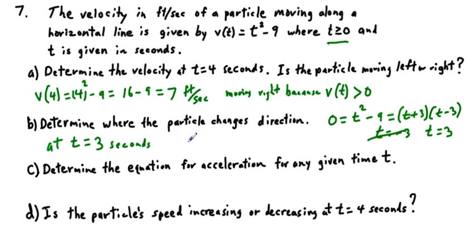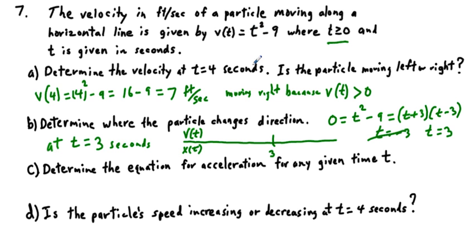To do that for certain, let's make a number line here at 3. We're going to put v of t here, and we're going to put position, x of t, below. If we take a number less than 3, say 0, well, if we plug in 0, which way are we going?